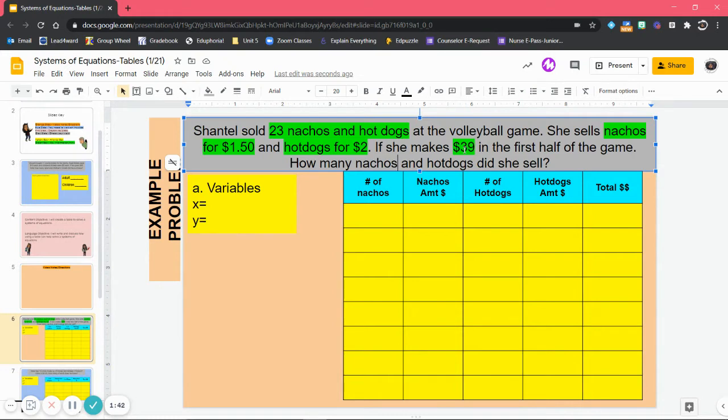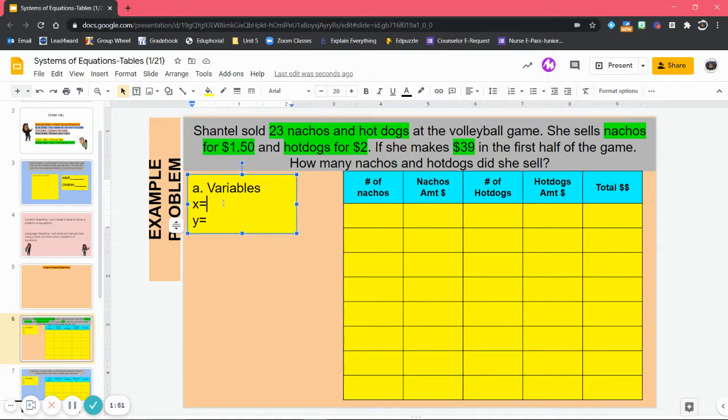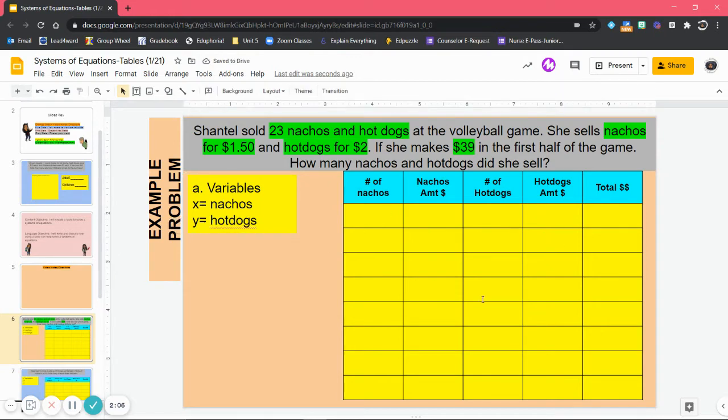The two variables that I'm comparing are nachos and hot dogs. It doesn't matter which is which, but I'm going to say that my x's are going to represent nachos, and the other variable is going to be hot dogs.